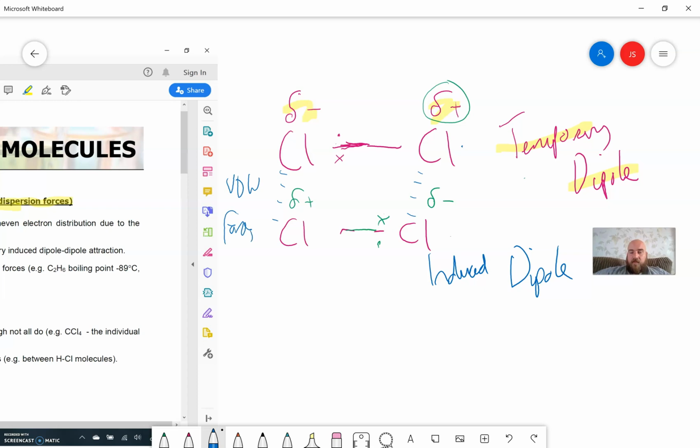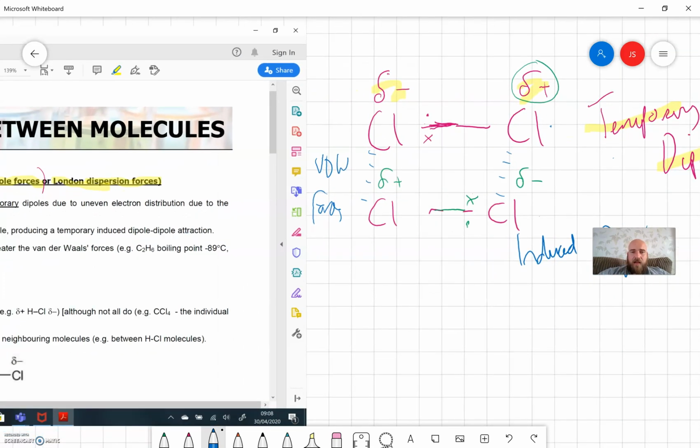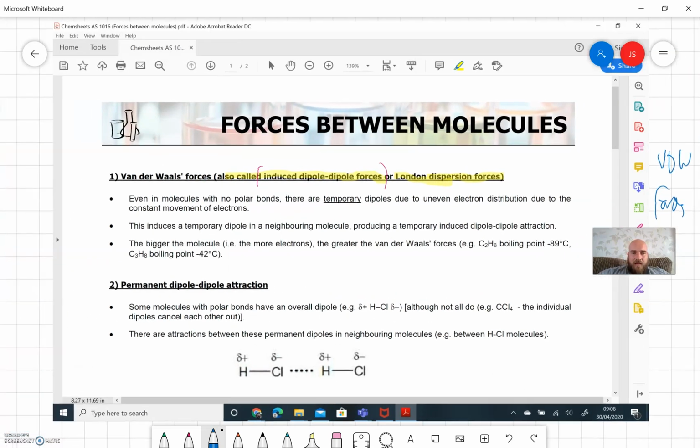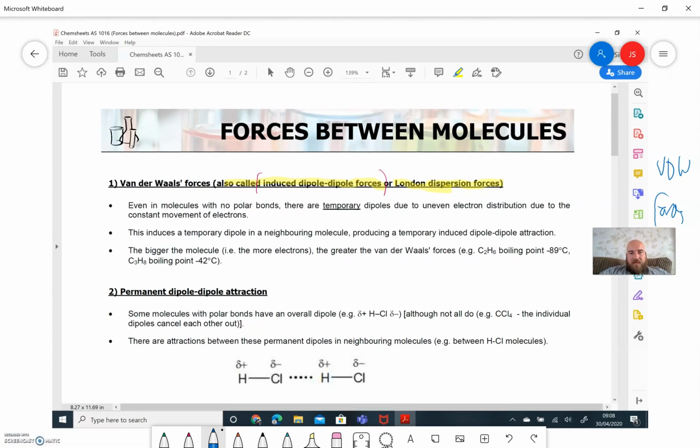Okay, so they exist in any molecule with non-polar bonds because the electrons in the bond are shifting, moving all the time. So how would we actually explain that? Well, let's have a look here. Even in molecules with non-polar bonds, there are temporary dipoles due to uneven electron distribution or asymmetric distribution of electron density. This induces a temporary dipole in a neighbouring molecule, producing a temporary induced dipole-dipole interaction.